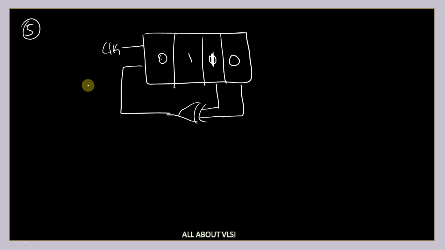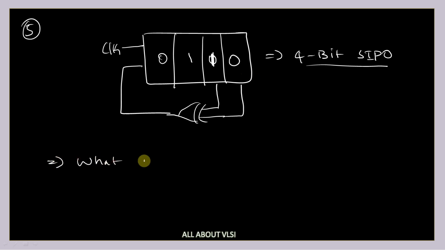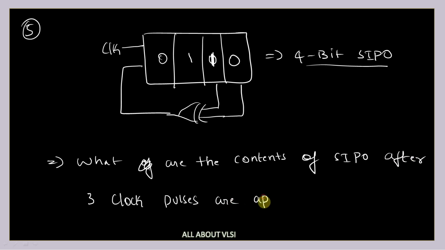So let's see one more question. Here the initial contents of our 4-bit shift register, this is our 4-bit register, are given, and we need to find the contents of the shift register after 3 clock pulses are applied.